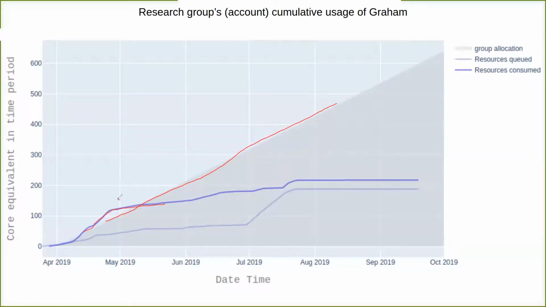The scheduler allows it to go beyond its target during some periods, which is great. But here we notice a problem where there's a bunch of resources queued and trying to run, but the slope of the usage line isn't keeping up with the slope of the target trajectory. This is when we know that we've identified a problem that we would like to clear up on the system. And this can be for many reasons.